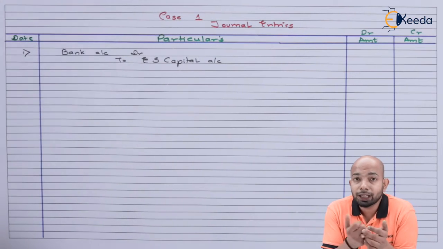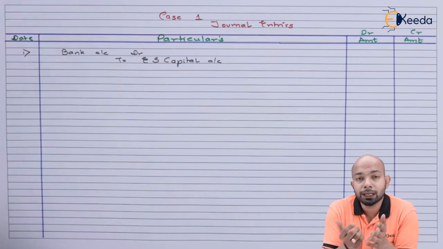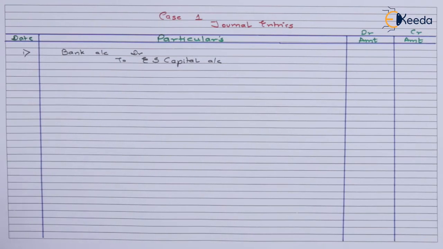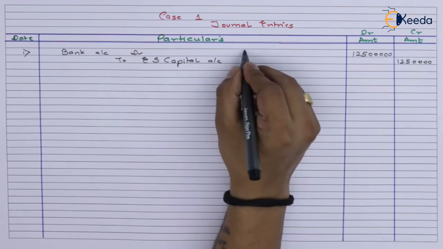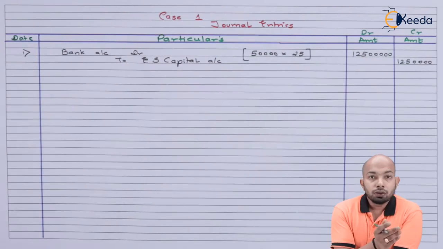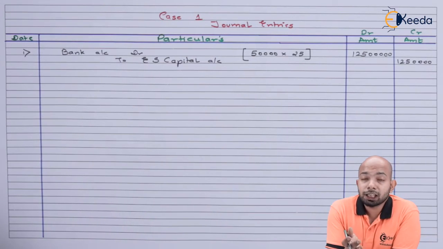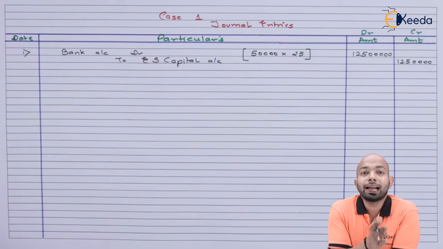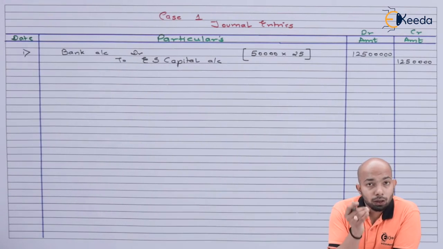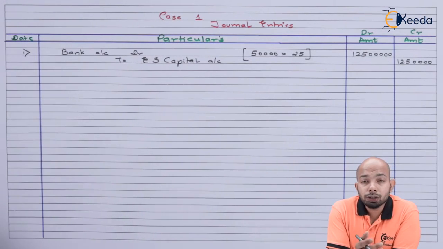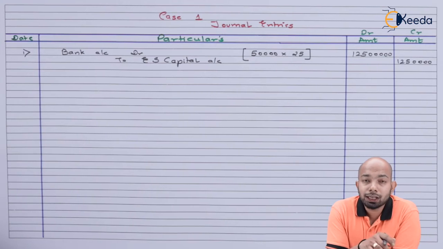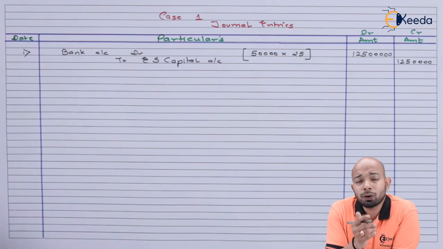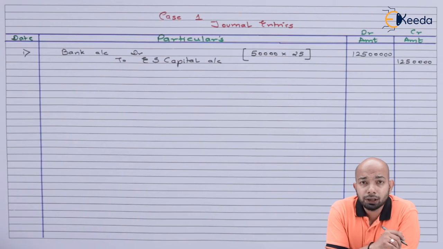So 50,000 multiplied by the application money. As you've seen, we have mentioned 50,000 multiplied by 25, that refers to 12,50,000. Now, this same amount will go to equity share capital account, as we have already mentioned. That means this amount is directly going to equity share capital account.